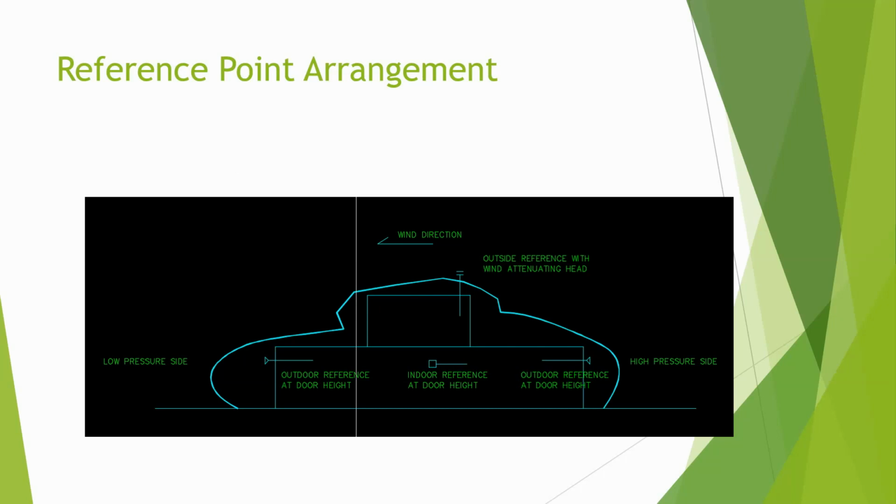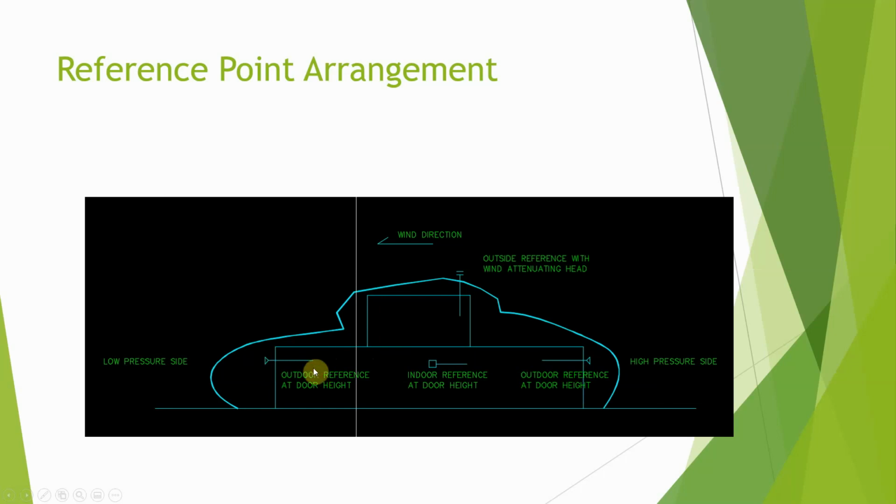And then I also put a picture of an outdoor reference on the other side of the building. And so this is on the low pressure side. You could use this to average. So you could pipe these two sensors together so that when the wind blows against one, it's negative on the other.